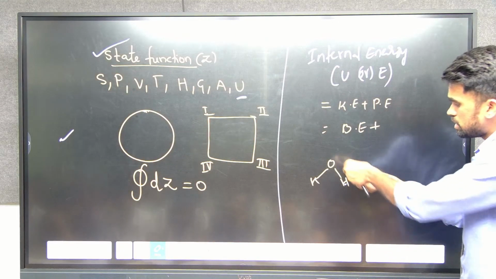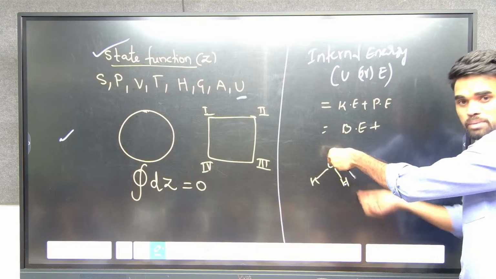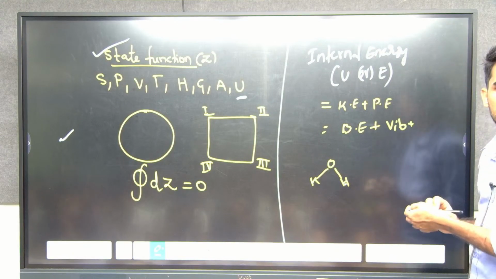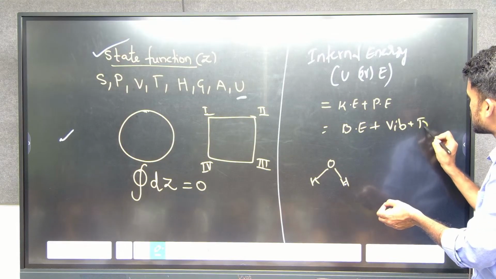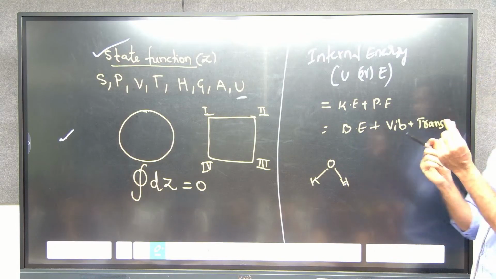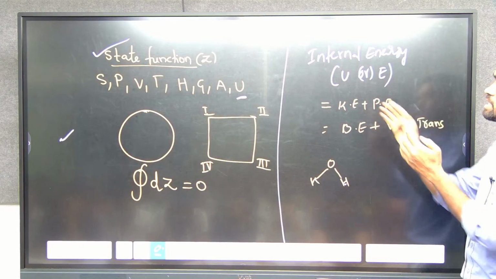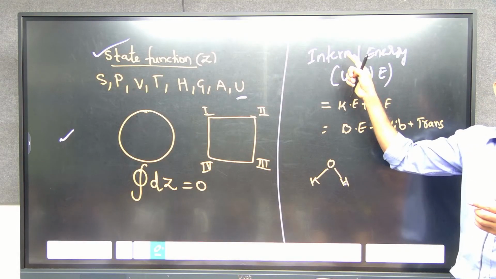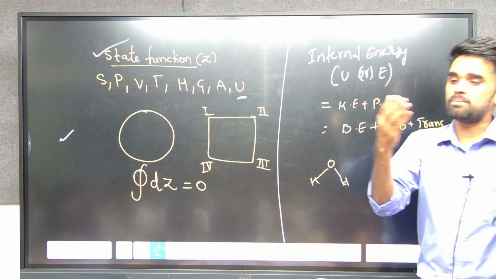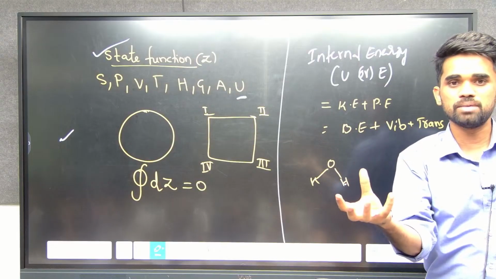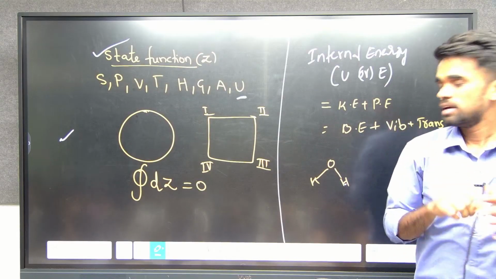Now these bonds keep on vibrating, so that is called vibrational energy. There is also translational energy. Like this, very small microscopic energies will be there. The sum of all those energies is considered internal energy. So internal energy means the sum of all the possible energies associated with a system.